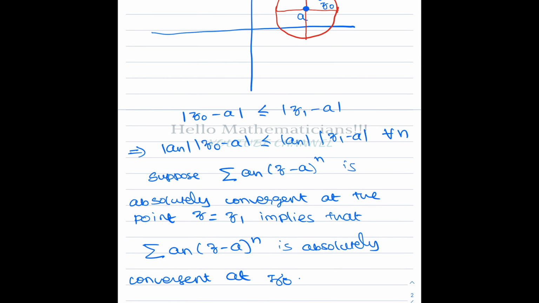So this series is absolutely convergent if the summation of mod an times mod z1 minus a, whole power n, converges.